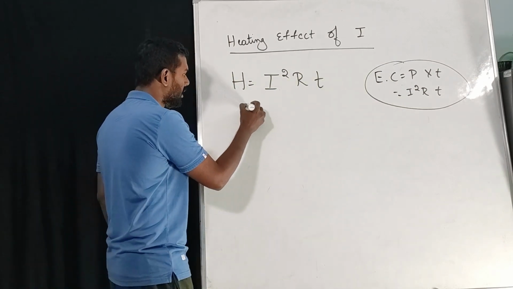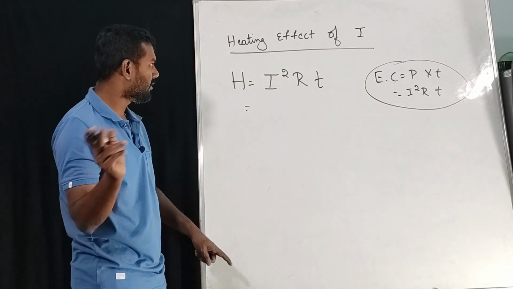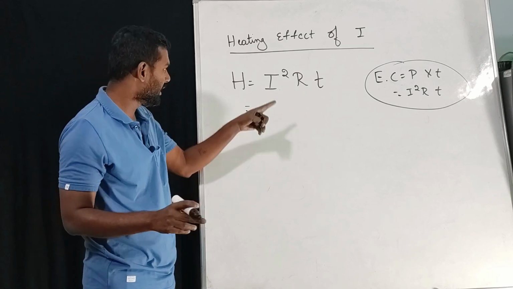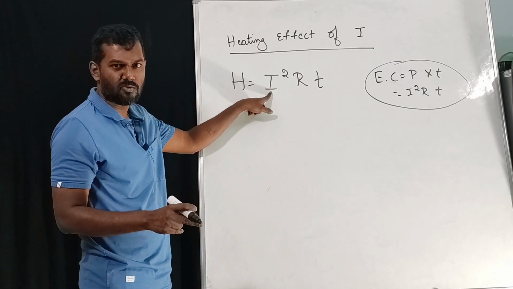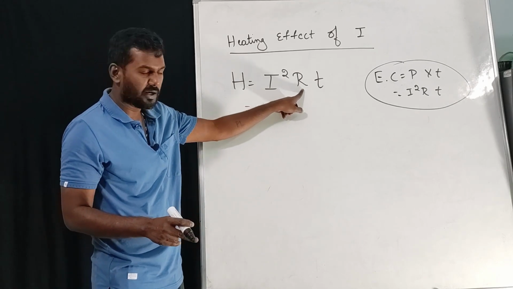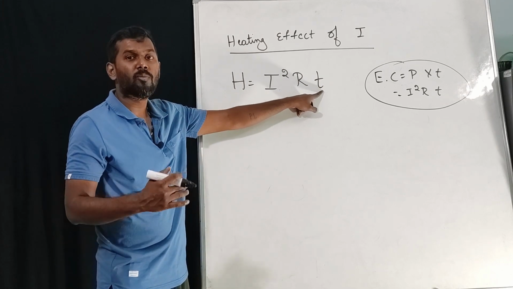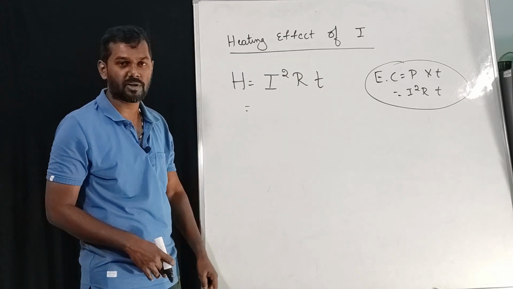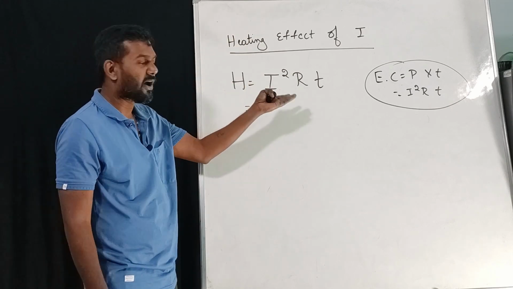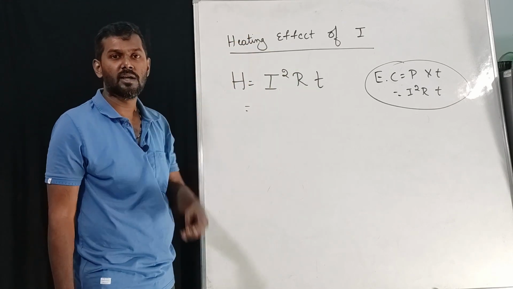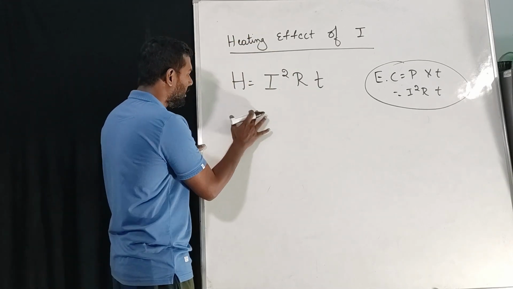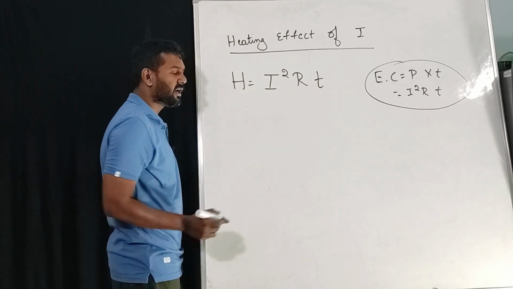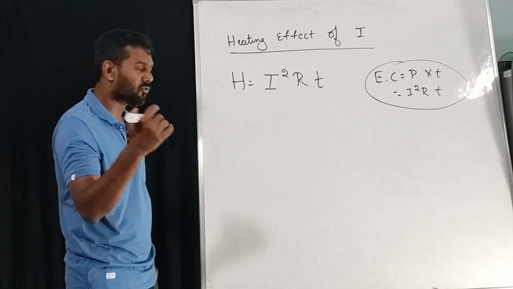Now, what are the factors? By the formula only we can answer, right? Current is one factor, the resistance of the conductor, and time, for how long the current is flowing. All these are the factors affecting the heat energy generated. Now, when it comes to heat energy generated, you can write the answer in two forms.